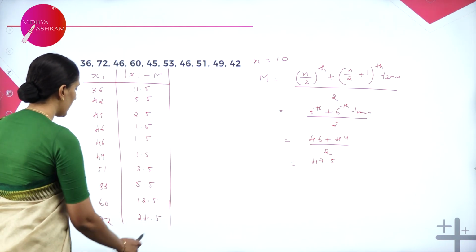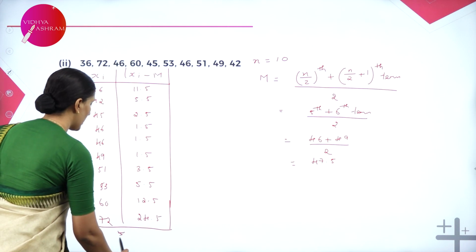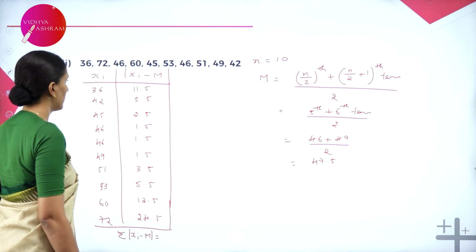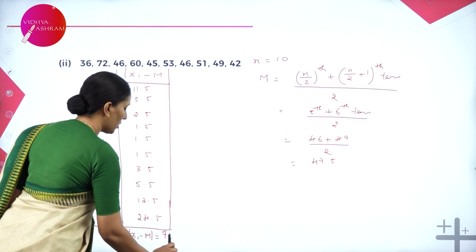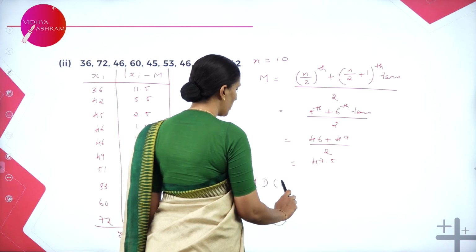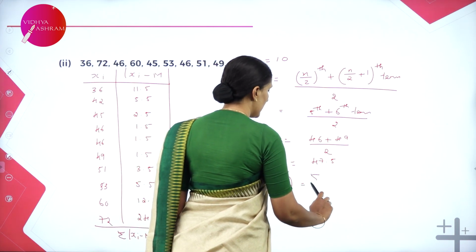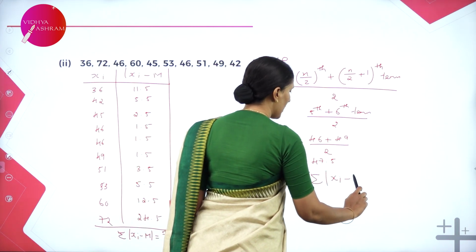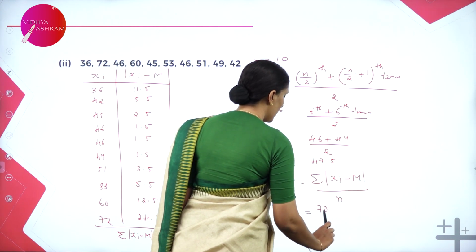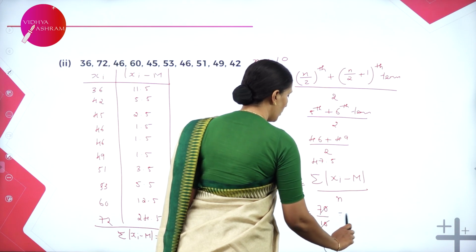Next you need to take the sum of all these observations. So that is summation xi minus m. So the total sum will be equal to 70. So now to find mean deviation about median, it is summation xi minus m whole divided by n. So 70 divided by 10, the value is 7.